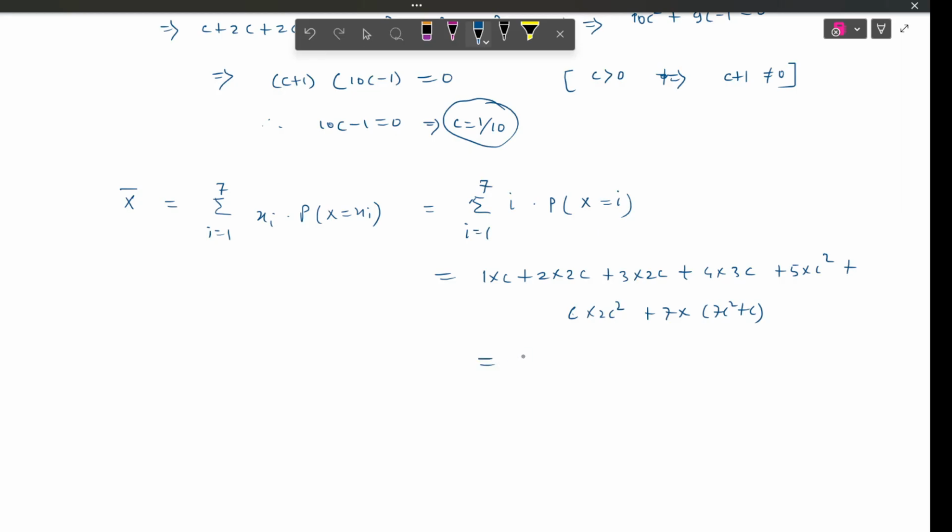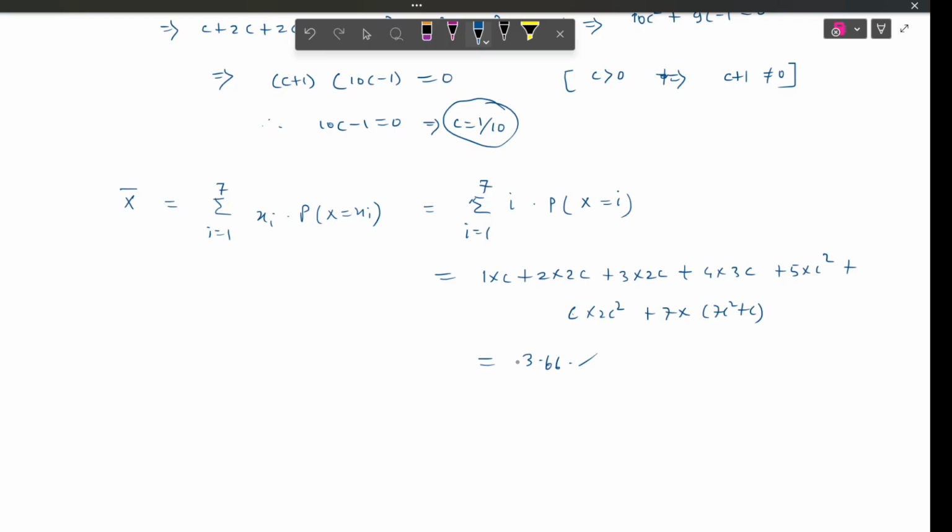If you put the value, you will get 3.66. Okay. That's how you have to solve this type of questions.